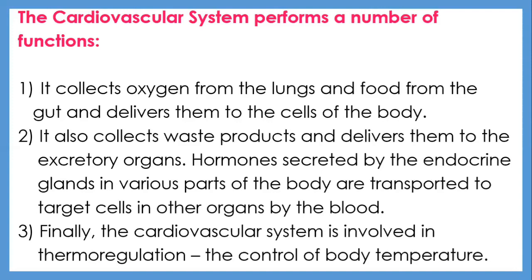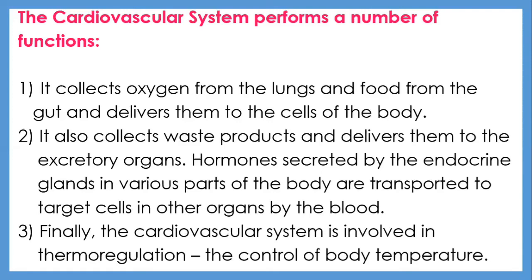Hormones secreted by the endocrine glands in various parts of the body are transported to target cells in other organs by the blood. And finally, the cardiovascular system is involved in thermoregulation, or the control of body temperature.